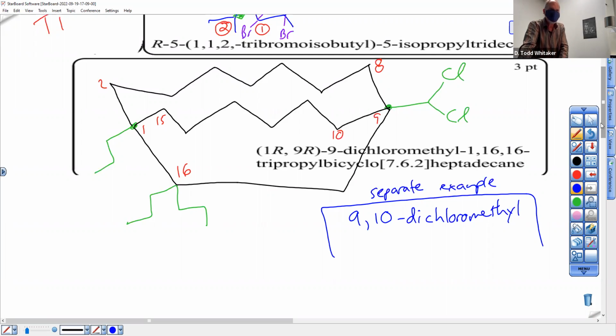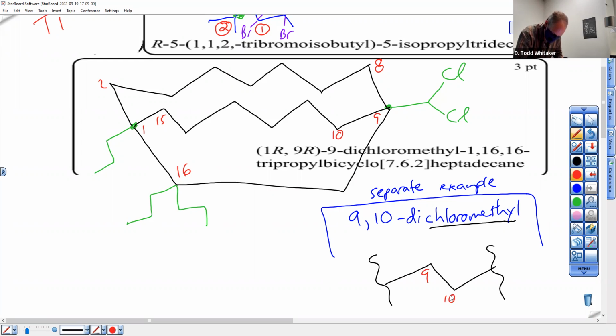How do I know that? The di is preceded by 2 numbers. That di means 2 identical groups. The name of the group is chloromethyl. So whatever, 9, 10, whatever, you would have a chloromethyl on 9 and a chloromethyl on 10, as opposed to our example here, which is a dichloromethyl group.